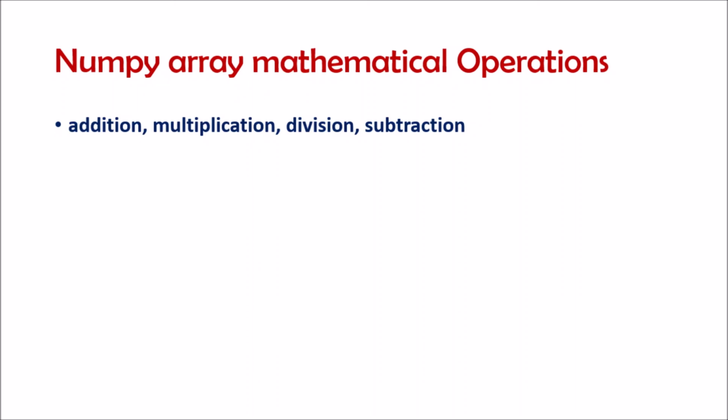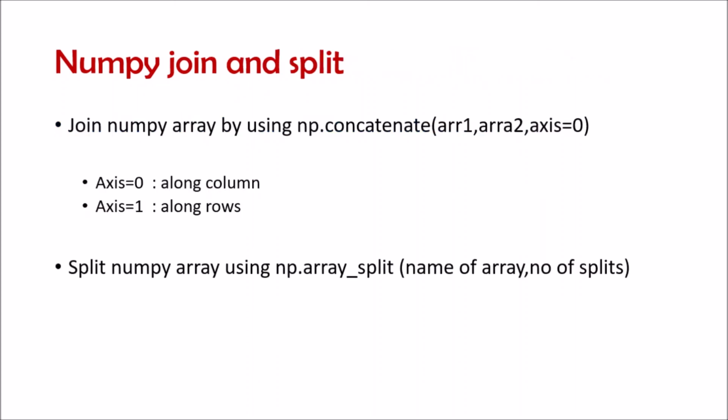Now, after performing mathematical operations on NumPy arrays, we have one more operation, that is NumPy join and split. So we can join two NumPy arrays together by using the concatenate command, and we can split the NumPy array by using the array_split command. In case of joining the NumPy arrays, we will use two arrays, and we want to specify whether the NumPy arrays should be concatenated along the x-axis, meaning columns, or along the rows.